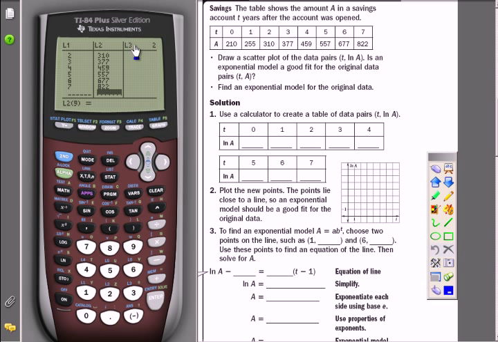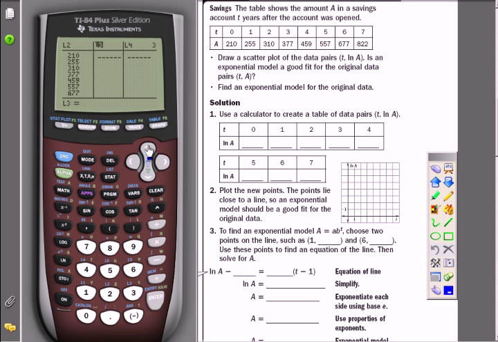What I can do in list 3, so I'm going to go over to list 3. I'm going to go up top, and I'm going to say list 3 is going to be equal to the natural log of list 2. I want to go back to edit.